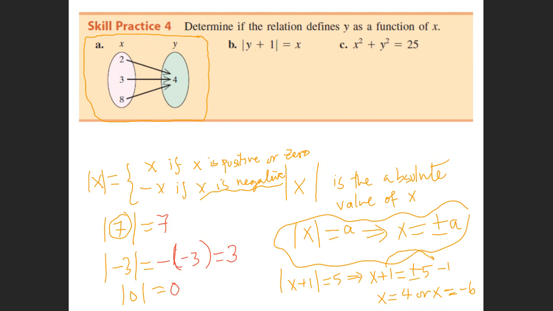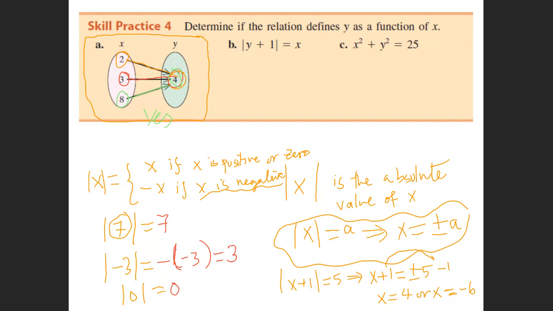Thank you, Saif. Yes, this relation is a function. Why? You see, 2 has how many images in the range? Just one, 4. 3 has only one image in the range. 8 has only one image in the range. So yes, it is a function.